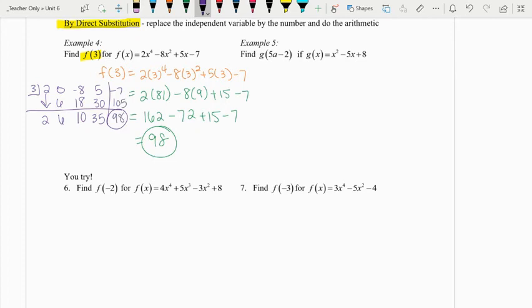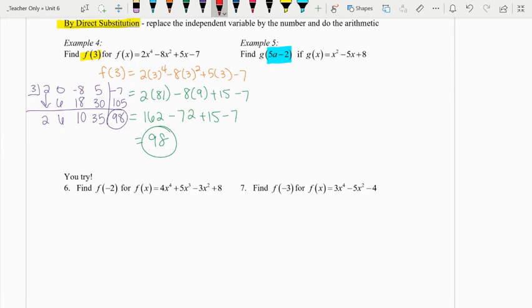Okay, same answer. You just got to make sure you have your zeros. The problem is when you do direct substitution with something like this, all right? This you cannot do synthetic division. You have to plug it in if you have more than just a number like in the first.